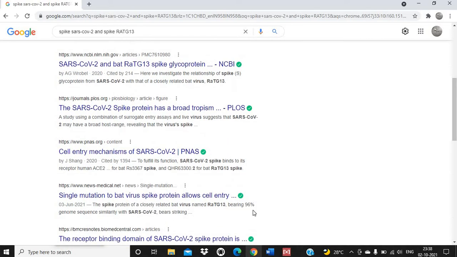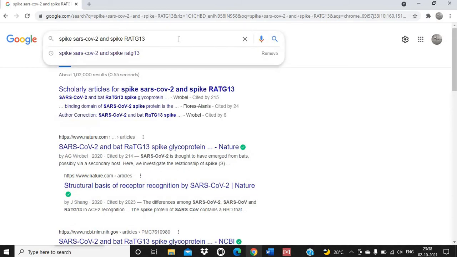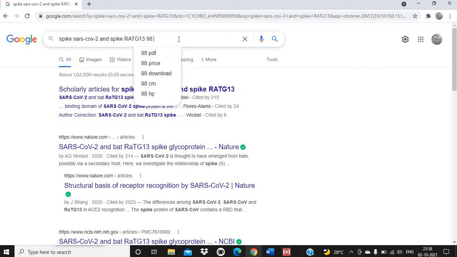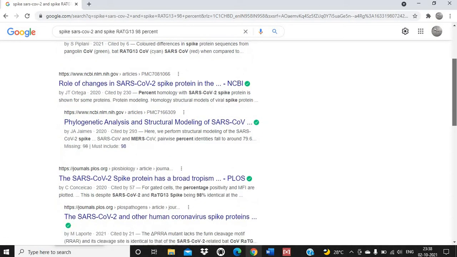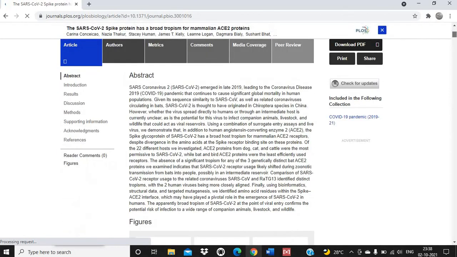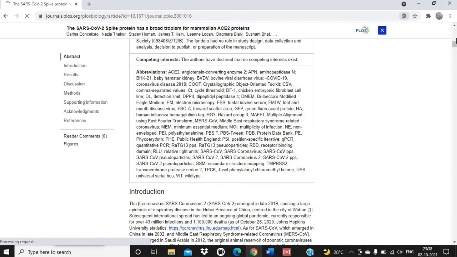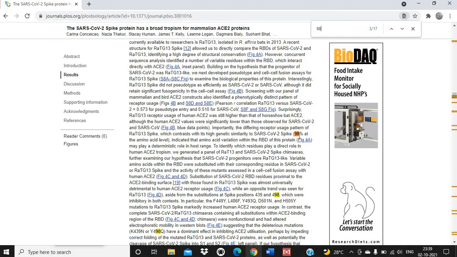See, it's bearing 96% genome sequences. So you see, this is despite SARS-CoV-2 and that G13 spike being 98% identical at amino acid level.